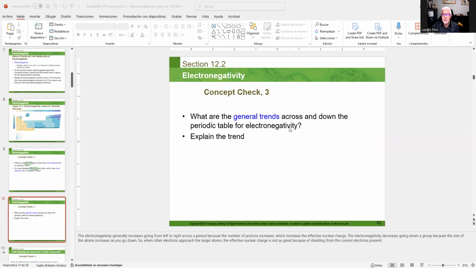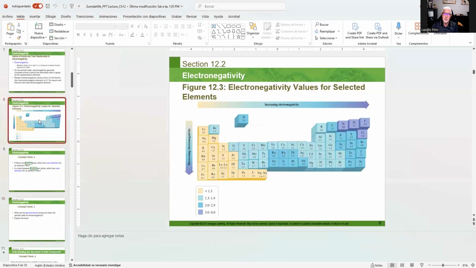Well, here you have the question that we already answered, the general trends across the periodic table. As I told you before, to the right in a period, the electronegativity increases, while in a group, when you are going down, the electronegativity decreases.